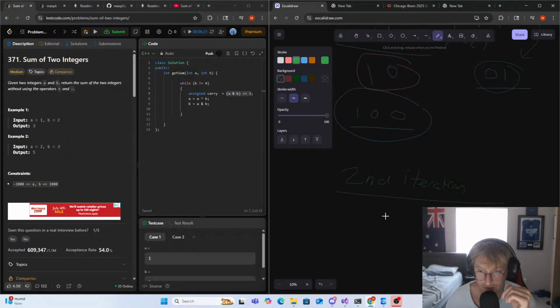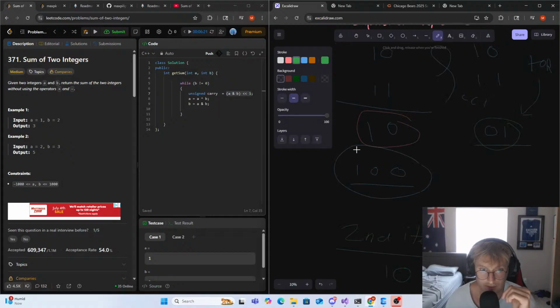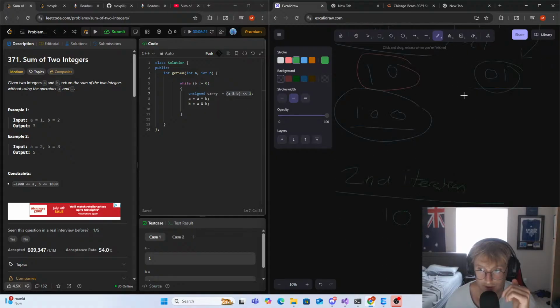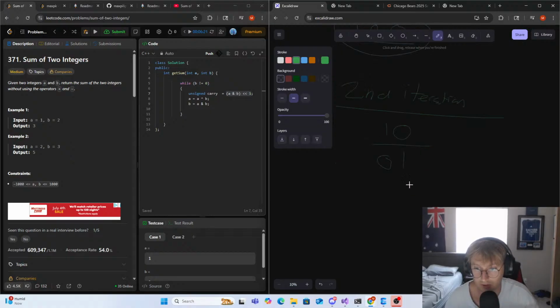So A and B, we have 1, 0 here and 0, 1 over here, our XOR. We would AND this, we would get 0, and then we bit shift it by 1, which would still give us 0, 0.